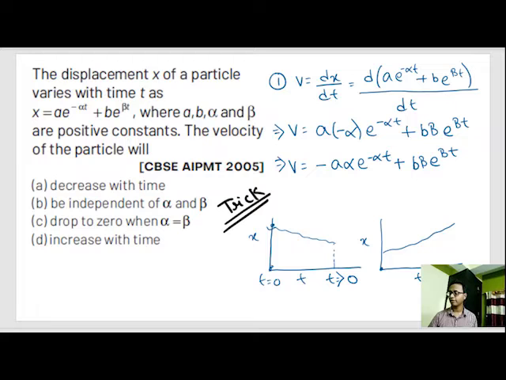If x at t equals 0 is greater than x at t greater than 0, meaning 10, 20 or 30 seconds, then the graph is decreasing.